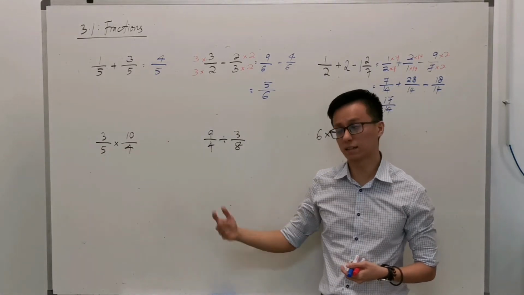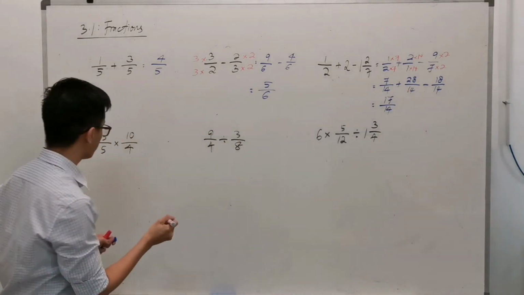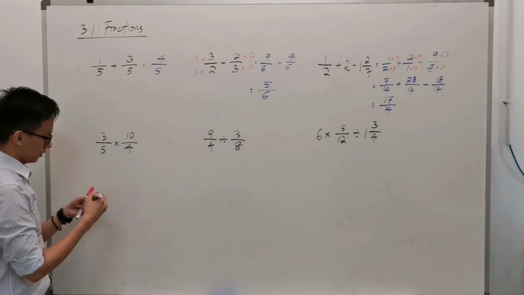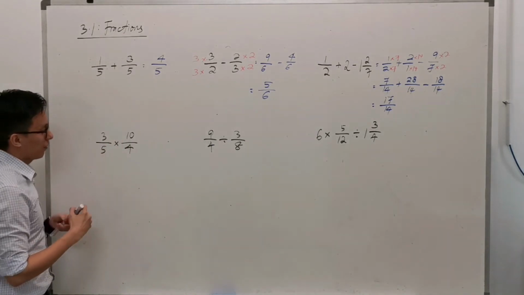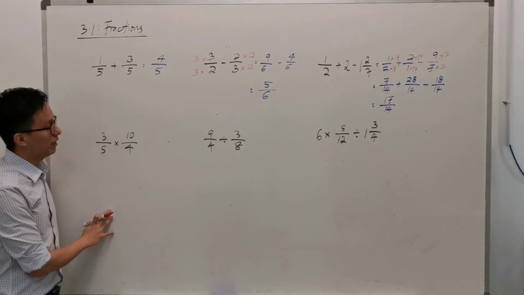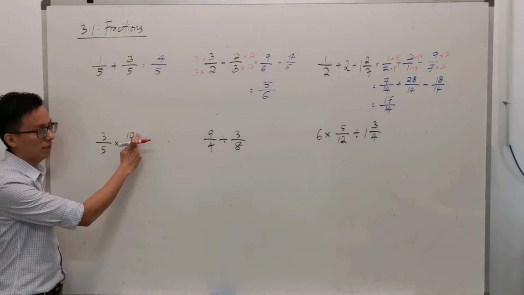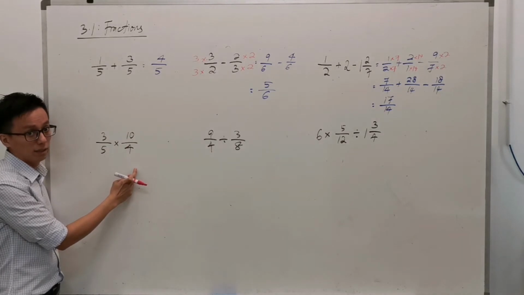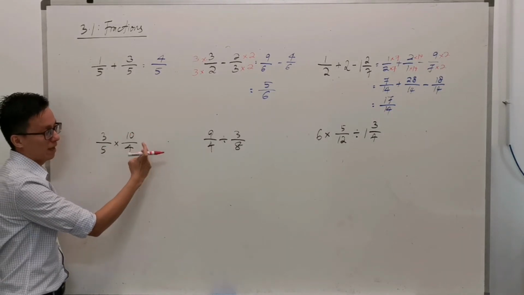Okay, let's look at the example. How are we going to do it? For this, we do the simplification. Simplification is only carried out between numerator and denominator. It doesn't matter which pair.